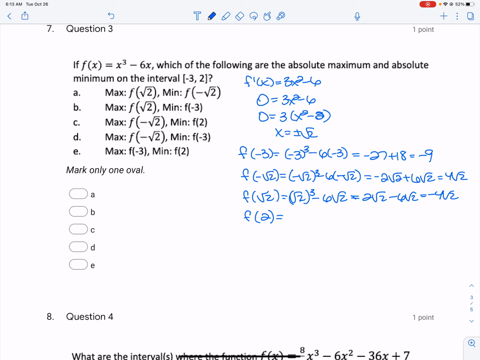And then a positive 2. So then I get a 2 cubed minus 6 times 2 squared. So then I get 8 minus 24, so I get a negative 16.